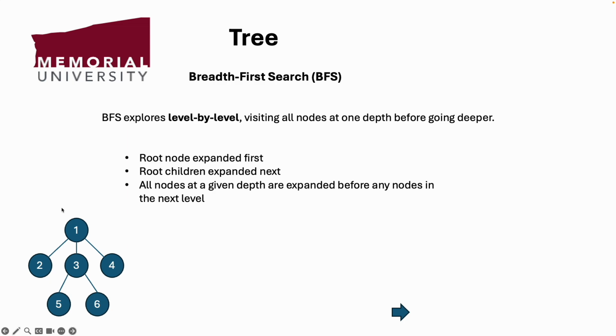Okay, let's look at this tree again. If we process the breadth first search, how does this work? We start from the root node 1, and it has children 2, 3, and 4.